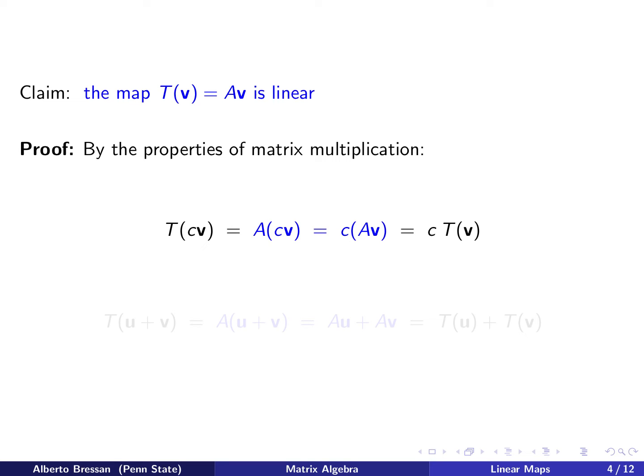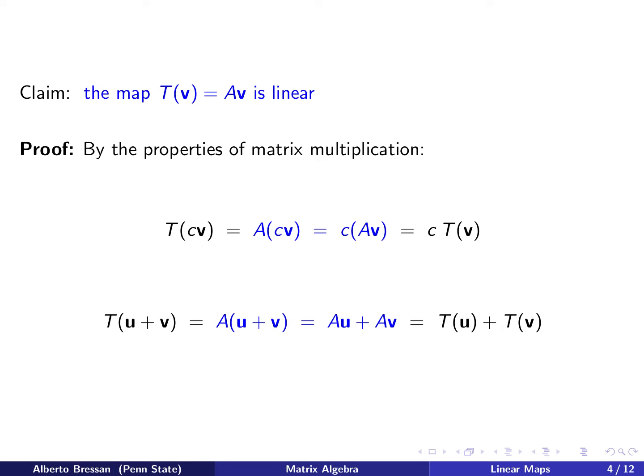Well, the transformation is just A times whatever you send in for me to transform. So A multiplied by c times v. And since the c is a scalar number, I can move it out. So it becomes c times A times v. And then A times v is just the transformation of v. So that's the first property.